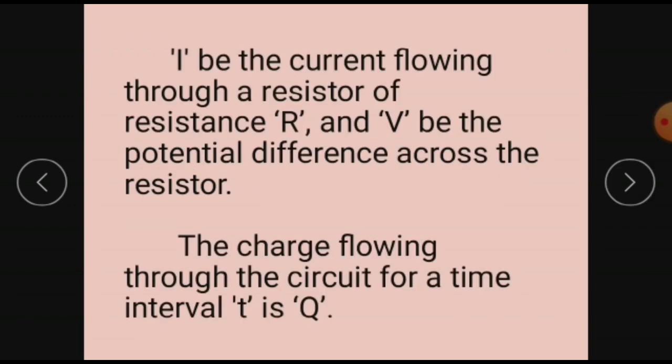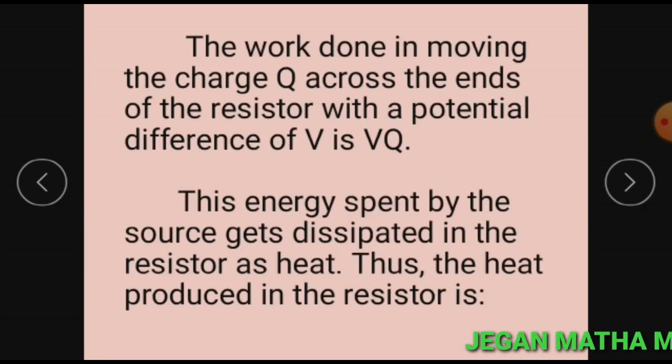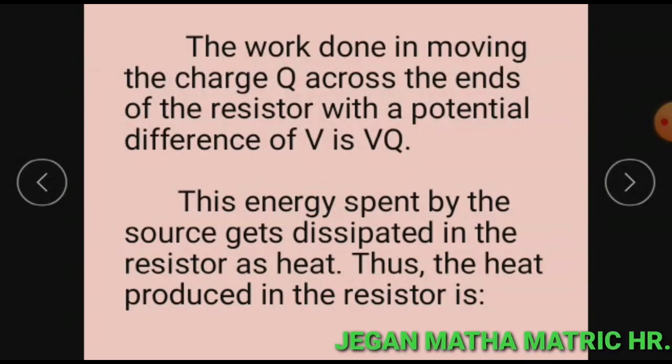Joule's law of heating. Let I be the current flowing through a resistor of resistance R and V be the potential difference across the resistor. The charge flowing through the circuit for a time interval t is Q. The work done in moving the charge across the ends of the resistor with the potential difference of V is VQ.